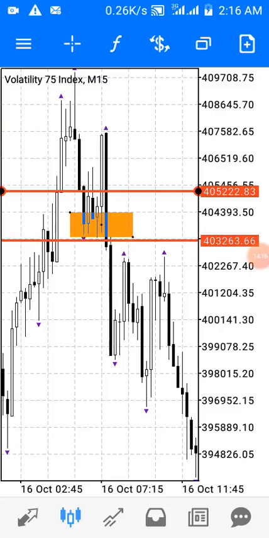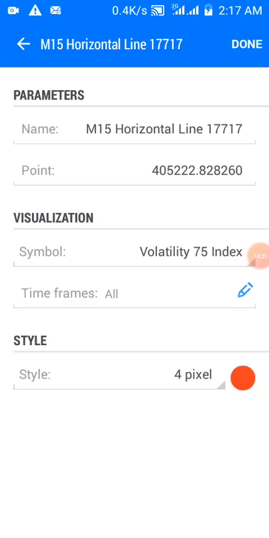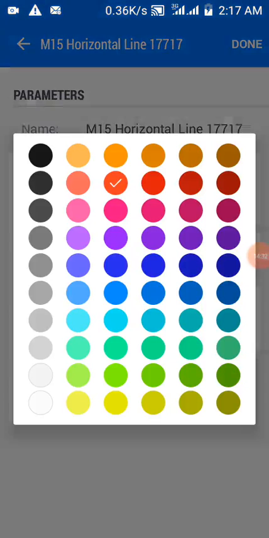Like I said earlier, you place your sell trade here. Now price starts to go against you, then you hedge. For this strategy, you hedge with a buy position. Let's change the color of this line to green.